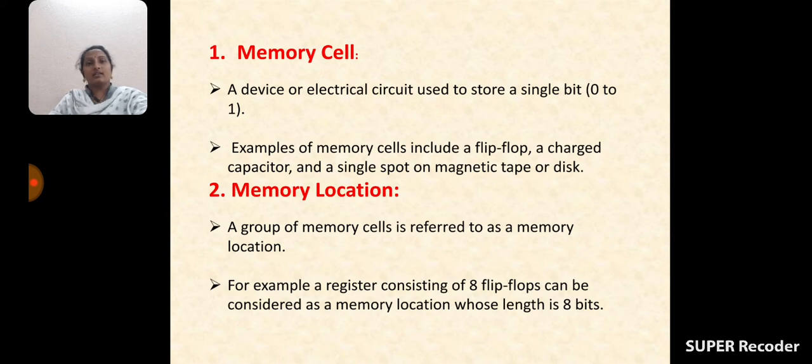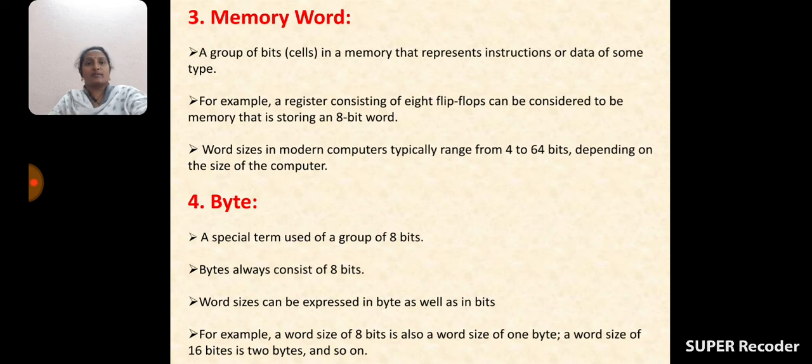And what is meant by memory location? In a cell, we are able to store only one bit, but in a location, we store a group of bits. Memory location means a group of cells, so here we are able to store n number of bits according to n number of flip-flops.